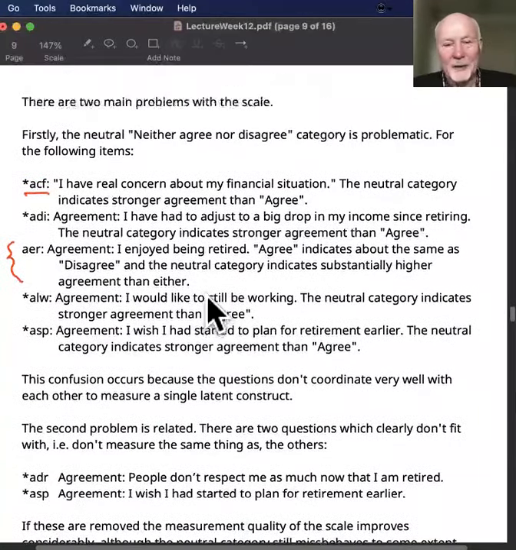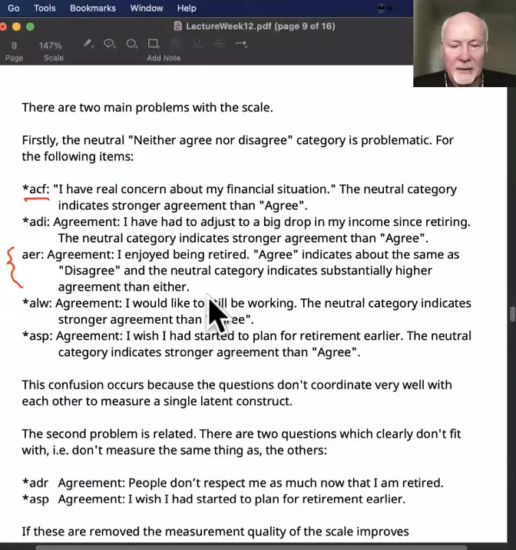So there's a problem there with that. The problem was mainly with that neutral category. Okay. That was messing things up. So it was clear that there must have been a whole lot of people in that sample who, if they chose the neutral category, it wasn't because they had a level of satisfaction between disagree and agree. It was because they didn't know, or they had something else going on, or they didn't want to answer the question, or they couldn't understand the question, or something like that.